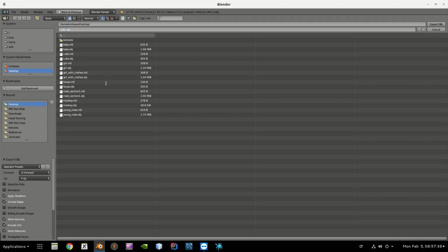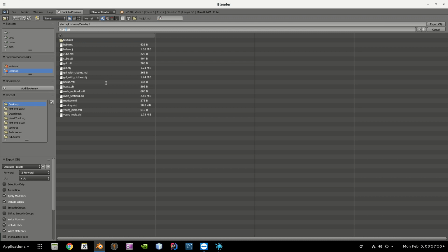The top text field shows you the location, and you can see that the file format is cube.obj. It's an obj file format.